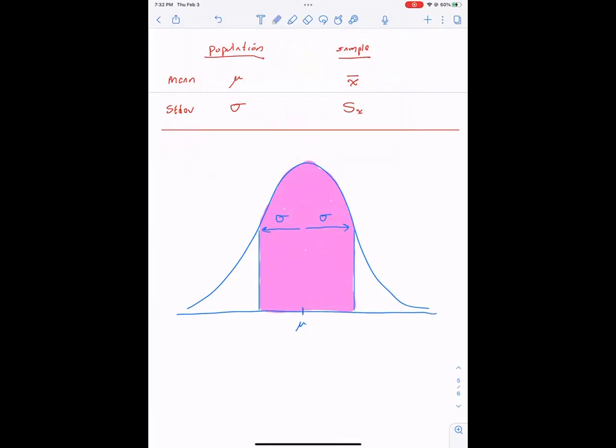So if you go out 1 deviation in both directions, what percentage of the total area under the curve is shaded, at least approximately? Again, don't guess if you've seen this before. But if you've never seen this before and you had to guess, what number, and you can put it in chat, would be your approximate guess for the percentage of the total area under the curve that's currently shaded?